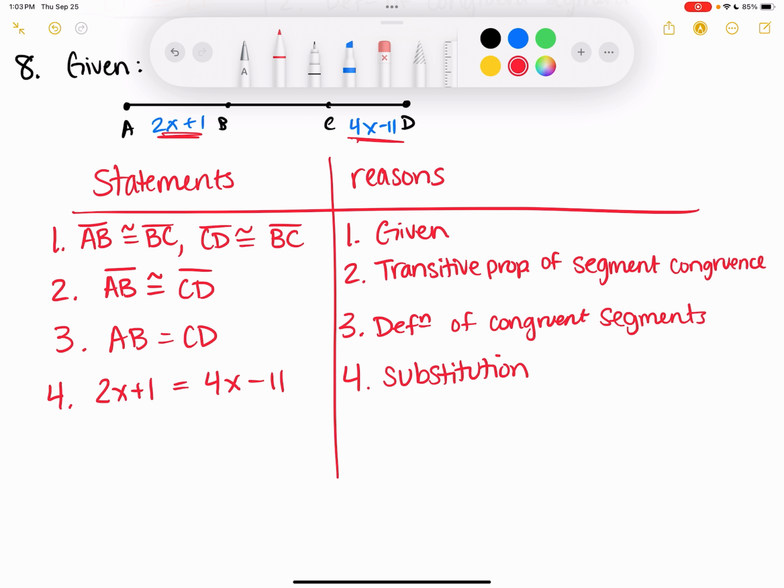So this problem is one where I can subtract my 4x over here and I can subtract the 1 over here. And I can do those at the same time in this particular problem because they're both subtracting, okay? If this was a minus 1 over here and I needed to add it over, I would have to wait and do that in its own step because that's a whole different reason behind why I'm allowed to do that, okay?